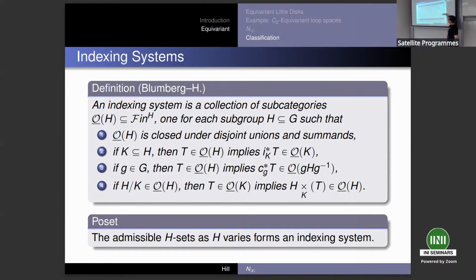And this last one, this self-induction, is kind of the weirdest: if H mod K is in my category O of H, and I have T that's an admissible K-set, then when I induce up T to H, that's an admissible H-set. That's the twisted version of the composition. That's exactly the question that I wanted to avoid when Greg asked about the interplay between the symmetric group action and G. But having all of these, and I write down what the admissible sets did as H varied, it was exactly axiomatizing this that led to this structure.